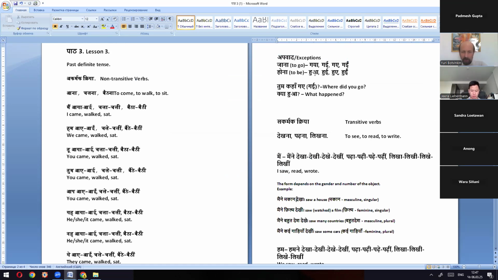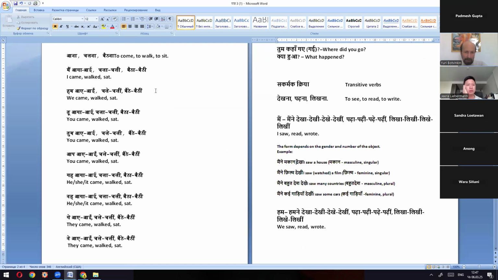You remember we were reading this: मैं आया, हम आए, तुम आए, and we were saying that all verbs which mean movement are usually non-transitive. But when a verb has a direct object, then it becomes transitive, like देखना.